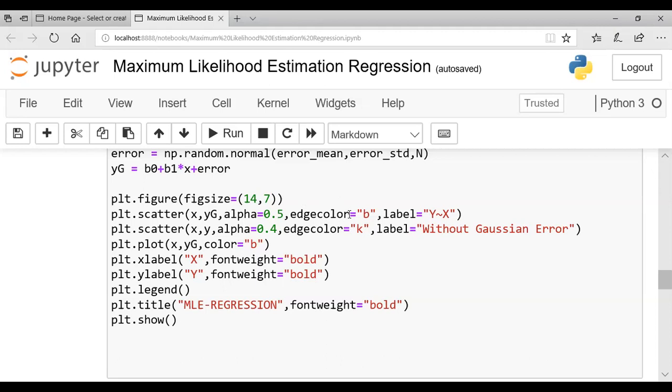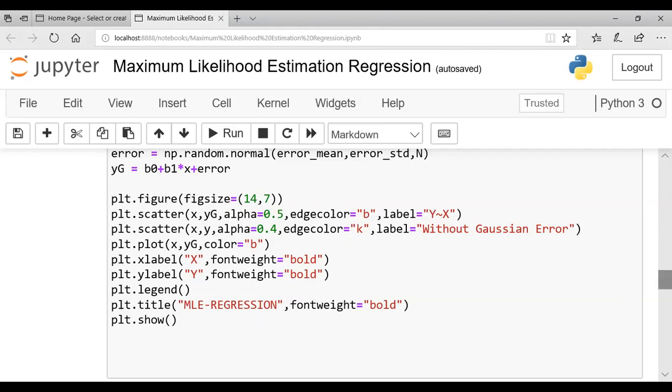The edge color I'm considering blue, and I'm giving its label. Scatter is basically X comma Y, alpha is equal to 0.5, edge color black, label without Gaussian error, and then plot X label, plot Y label, plot legend, plot title, and plot show.